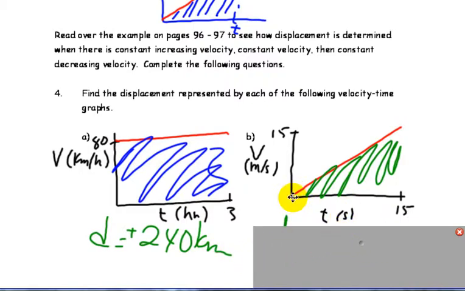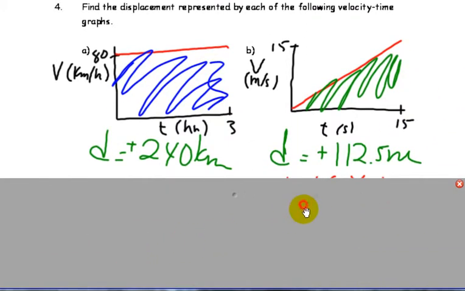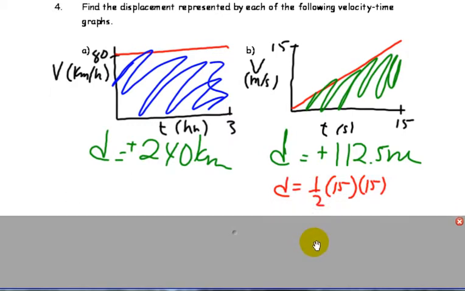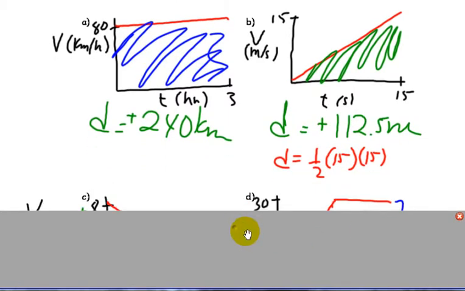Here, if our velocity increases from 0 to 15 in 15 seconds, of course that's half the base multiplied by the height, so that'll work out to be positive 112.5 meters. So again, half of the base times the height, half of 15 multiplied by 15. Maybe pause the video at this point and see if you can figure out the remaining ones, the remaining 4 or so that we have.